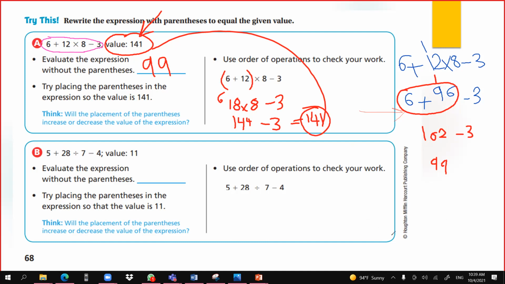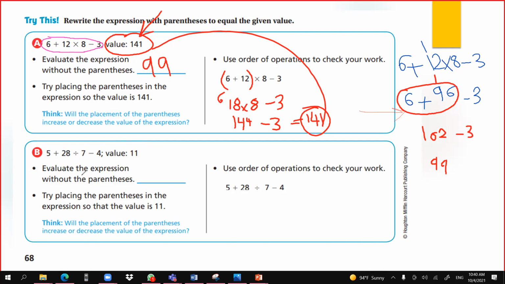Now, the second one here. We have 5 plus 28 divided by 7 minus 4. I want the value to be 11.